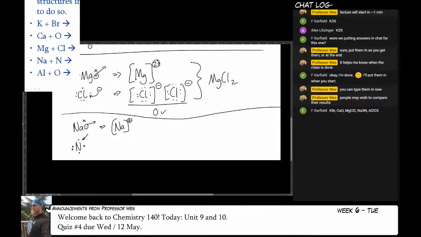I got to give it 3 electrons to get my octet around it. And you can see that those charges don't balance out at all, so I need more sodiums. That still doesn't balance out. That's good. There's the formula.